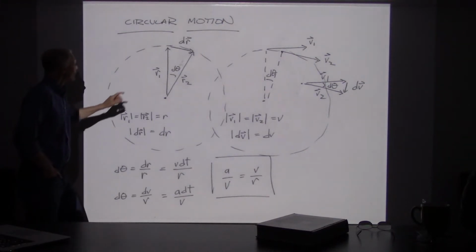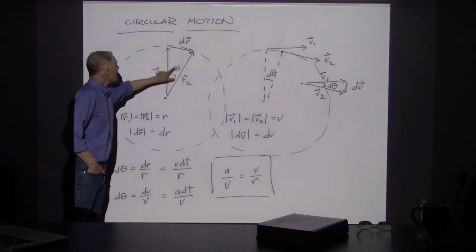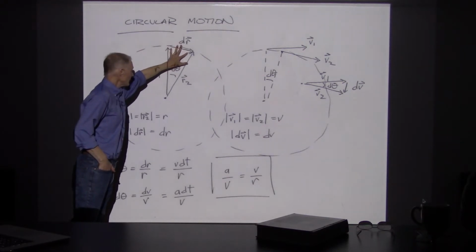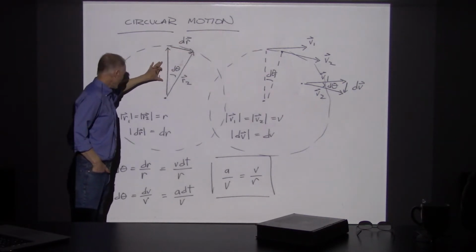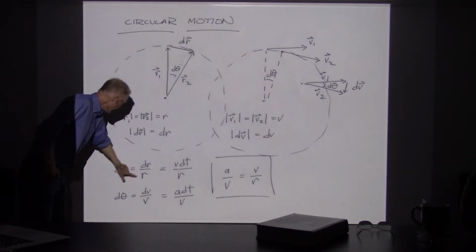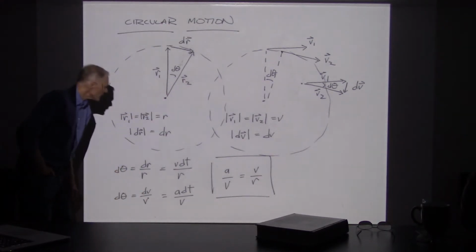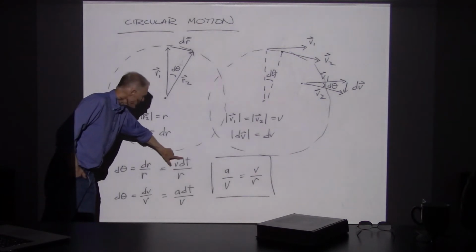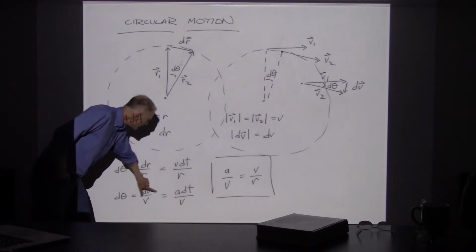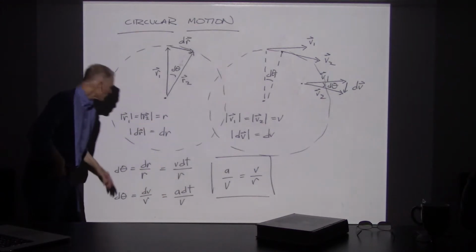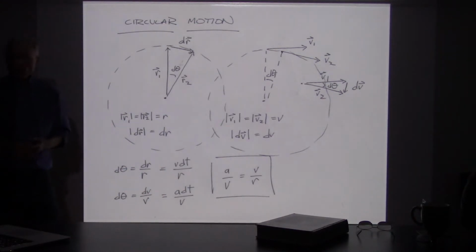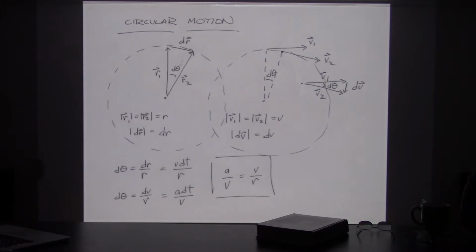And so if I look at d theta here, d theta is equal to, in the limit, dr divided by r. And d theta from that diagram is dv over v. Now dr is equal to v dt, and dv is equal to a dt. So if we do the ratios here, when circular motion is occurring, a is to v as v is to r.